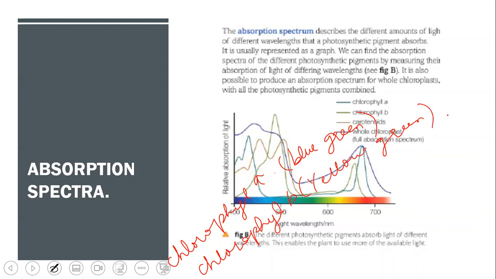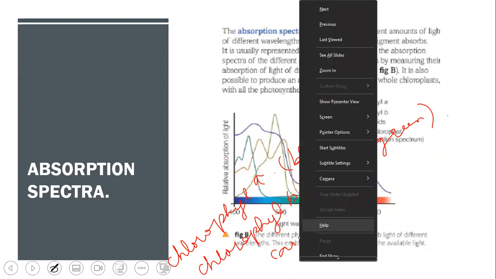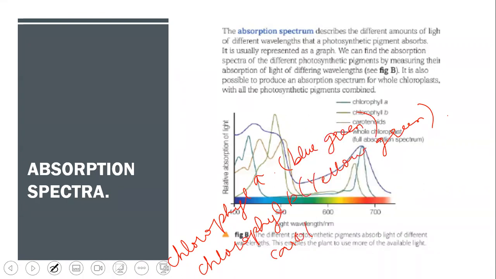And you can have carotenoids, which are orange carotene and yellow xanthophyll.